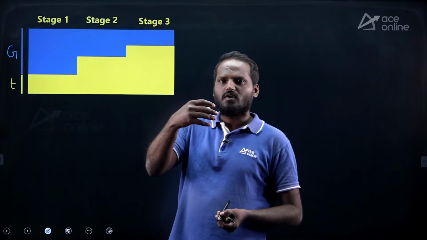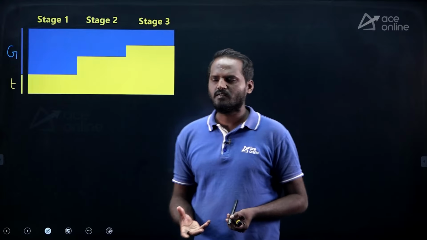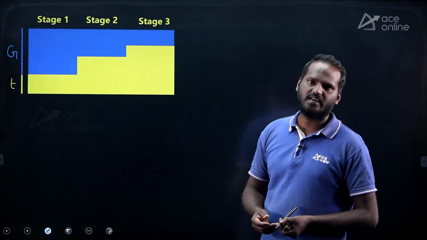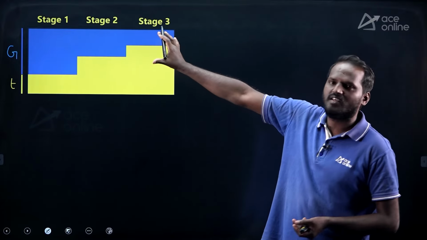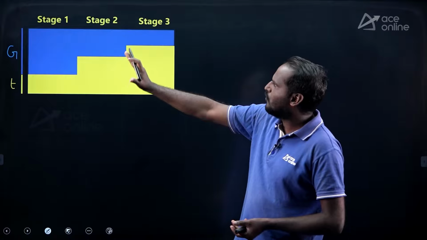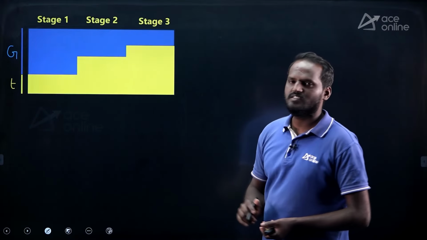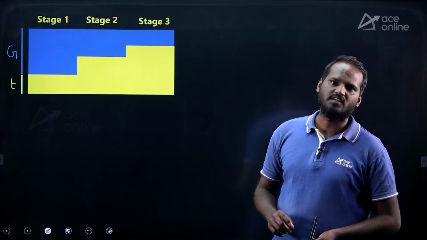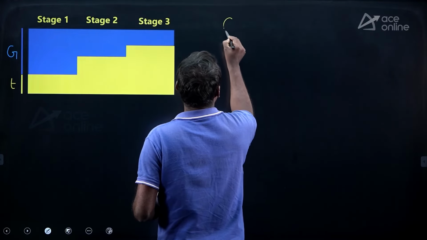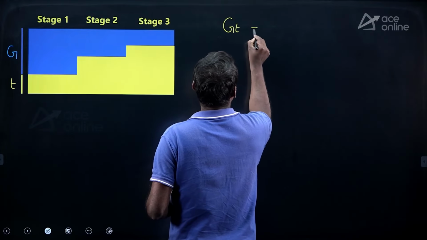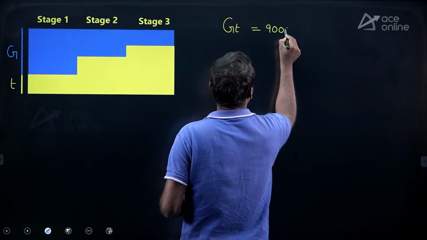To have more efficient flocculation, we must have this stage-by-stage flocculation, right? You need to operate the G value higher at the initial stage, then slowly reduce it while increasing T to balance GT. For the entire system, he has mentioned the GT value as 90,000.